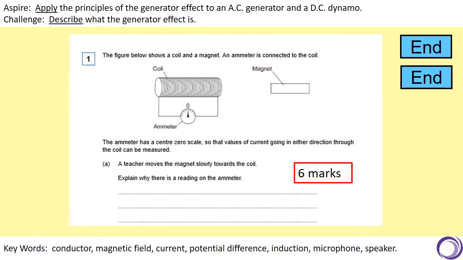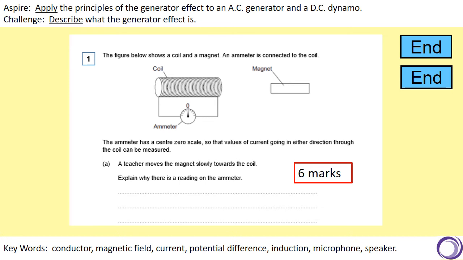Let's try and break it down in steps. See what you've got, and then I'll give you 30 seconds or so to look at the mark scheme just to double check how many marks that you've picked up. So we'll start with the magnet. The magnet is moving towards the coil. I would start off by saying that the magnetic field lines, or the lines of flux, cut through the coil.